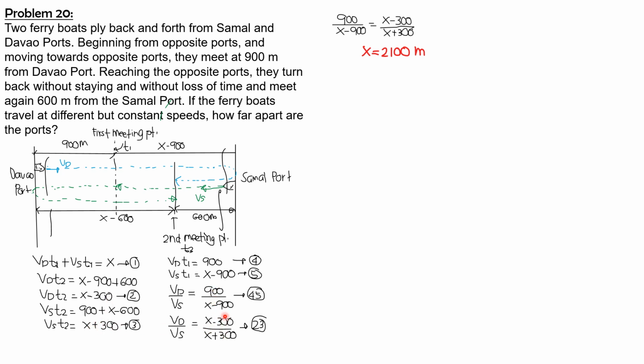Equating, 900 over x minus 900 equals x minus 300 over x plus 300. Using your calculator, solving for x is 2,100 meters. You may cross multiply, that's a quadratic equation. Use your calculator again, quadratic formula, you'll get 2,100 meters as the distance between the ports of Davao and Samal.